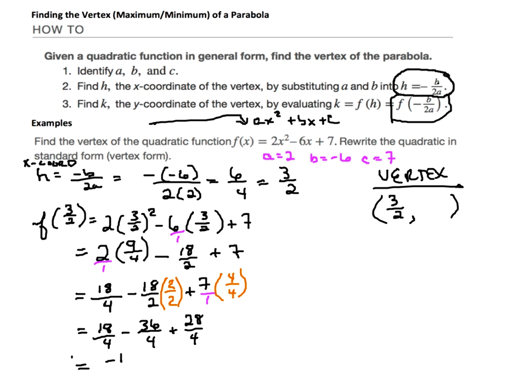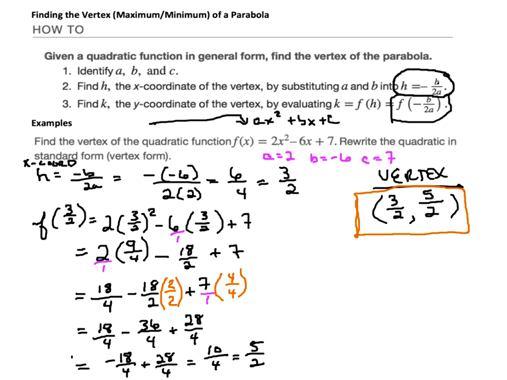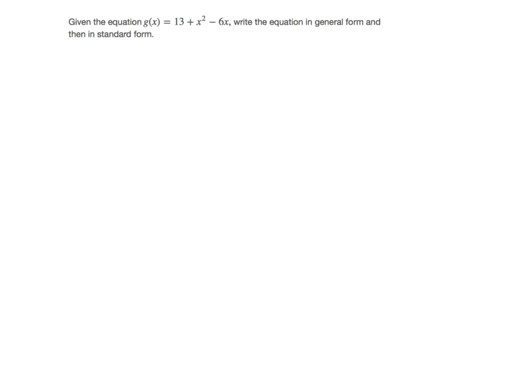All right. 18 minus 36 is negative 18 fourths plus 28 fourths. And I combine my numerators over my common denominator and get positive 10 fourths, which reduces to 5 halves. That is my y coordinate, 5 halves. And that's it. They just ask for the vertex. They just want to make sure that you can do that calculation.